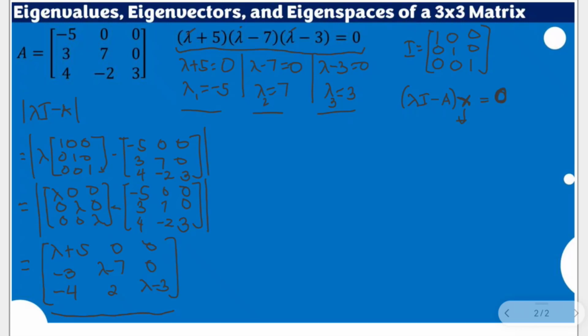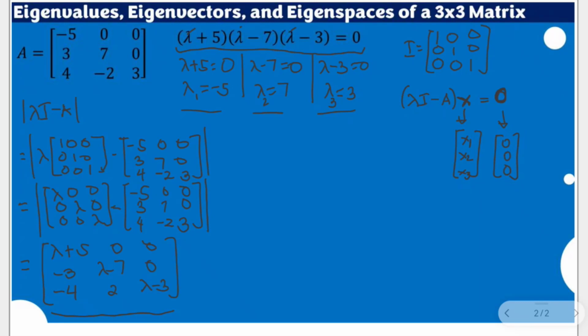And of course, since we are on a 3 by 3 matrix, this is an element of R3, so x sub 1, x sub 2, and x sub 3. In short, we're going to solve for x sub 1, x sub 2, and x sub 3 to complete the eigenvector. Of course, the 0 vector of R3 is 0, 0, 0.